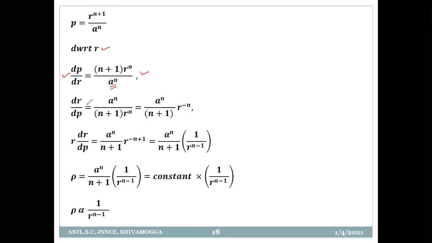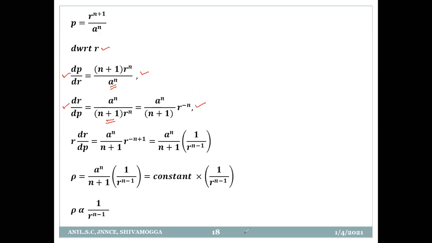Therefore, take the reciprocal. Reciprocal of dp/dr is dr/dp, and the reciprocal of (n+1) r^n / a^n is a^n / ((n+1) r^n). And 1/r^n can also be written as r^(-n).